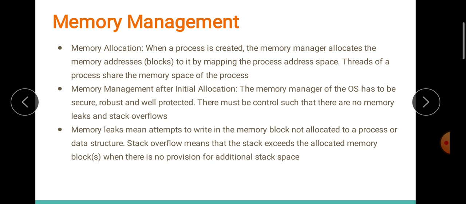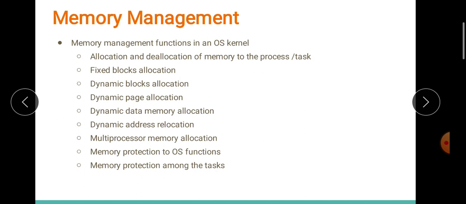Well, let's see in detail what are the memory management functions in an operating system kernel. As we have said, one important task is allocation and deallocation of memory. Providing memory to a process, and once the process has completed their execution, retrieving the memory back. That is allocation and deallocation. Another task is the fixed block allocation. If you remember from what we have said earlier, the whole memory address space is divided into various blocks.